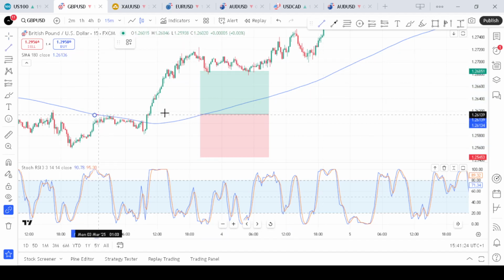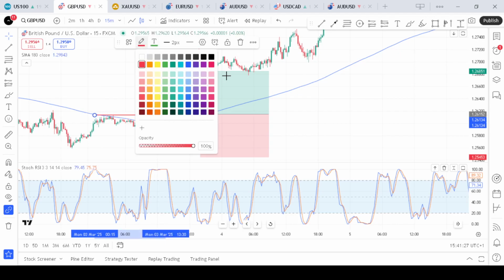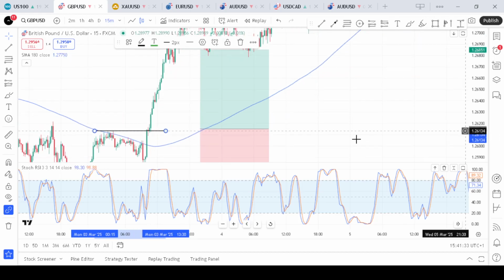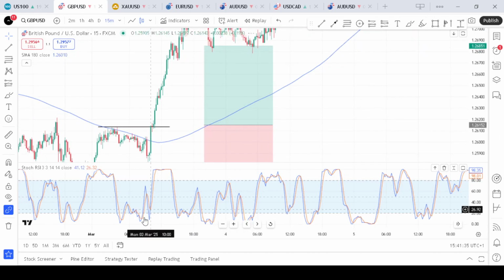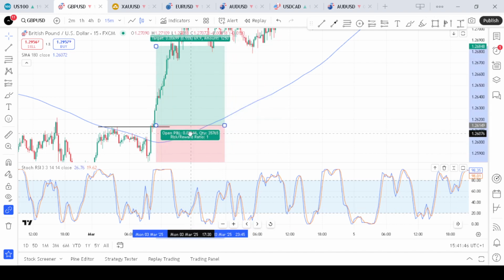If I mark this area, this is my previous high. Price has broken above this previous high and closed above it. This signifies that price is ready to go to the upside after we have seen price leave the oversold region above the 20. This is where we would want to enter.